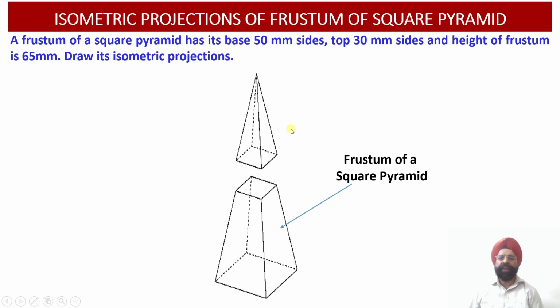In this problem we are required to draw the isometric projections of this frustum, the remainder solid which is left with us. The statement reads that the frustum of a square pyramid has its base equal to 50 millimeter side. This is a square base, and all four edges are equal to 50 millimeter each. Similarly, the top face is a square with edge length equal to 30 millimeter.